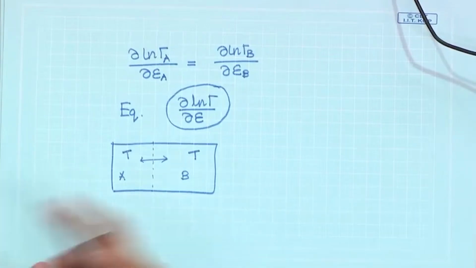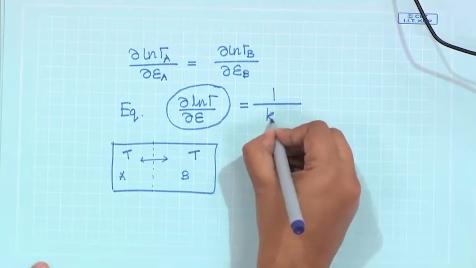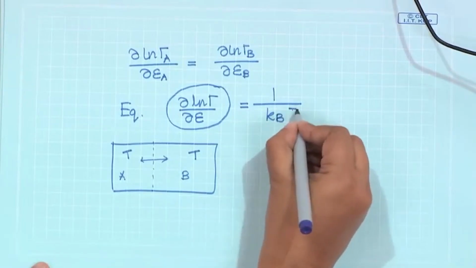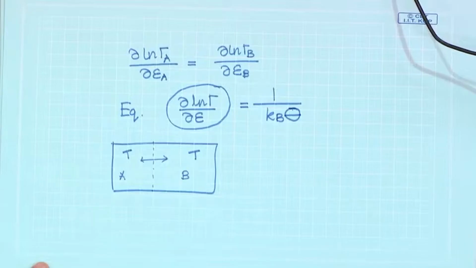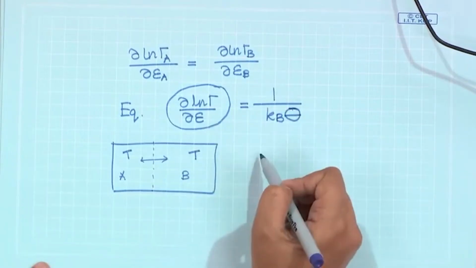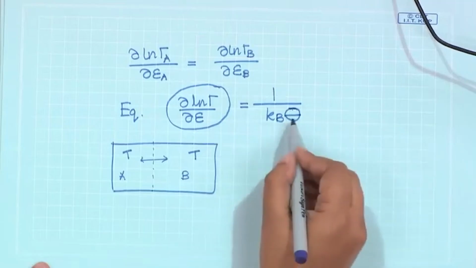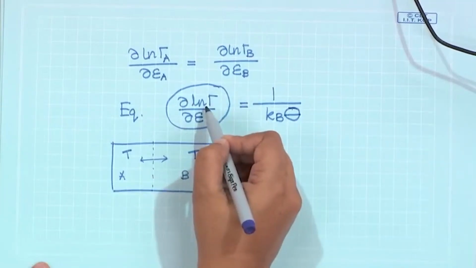Now, if that is so, if I define this as some kind of a function of what I call, say, theta, then I understand that this theta is related to del del epsilon of ln gamma.